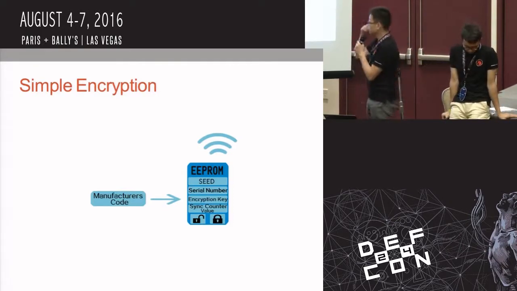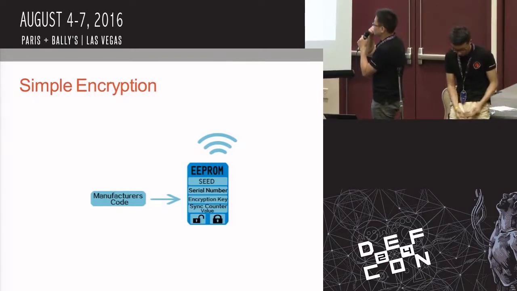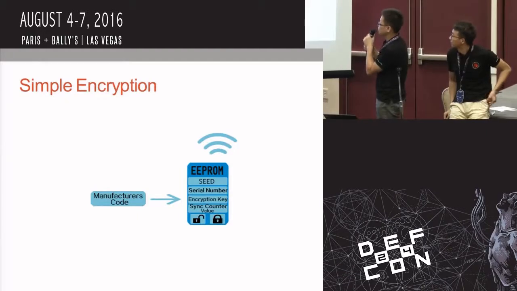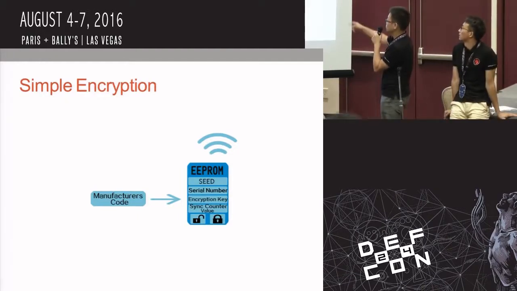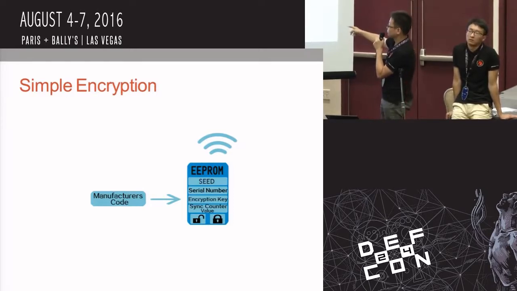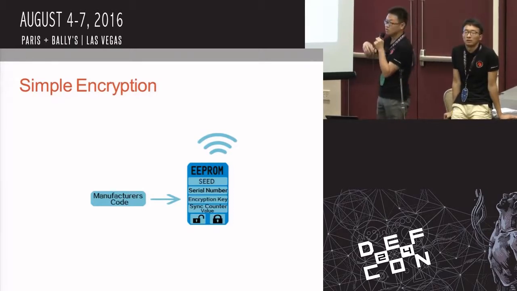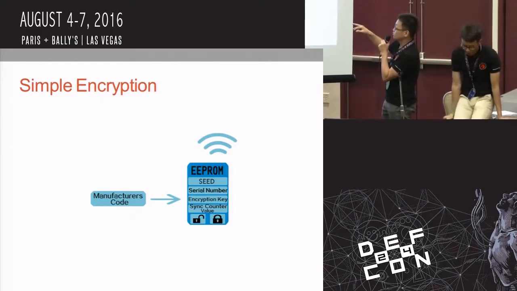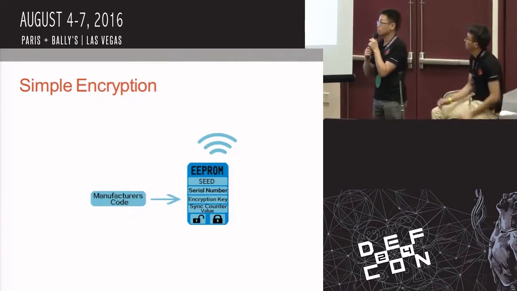Now, it's about the simple encryption. They have three ways to get the encryption key. If we use the key fob, the encryption key is very important. So how do they get the encryption key? They have three ways. The simple encryption is the most simple.